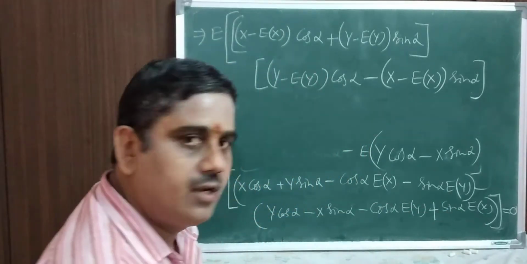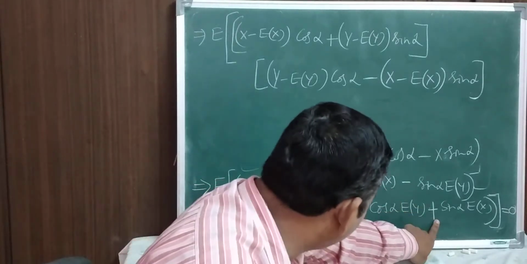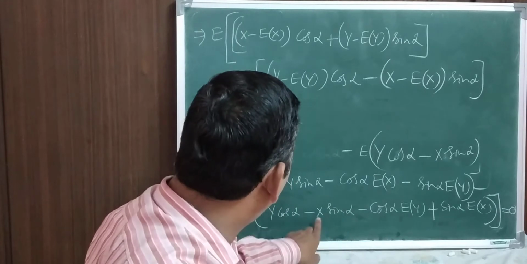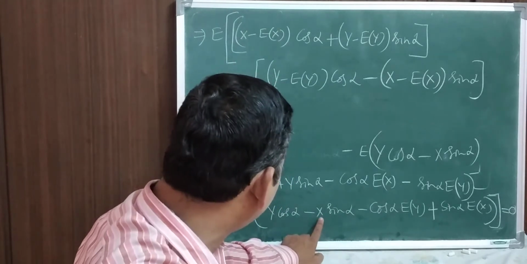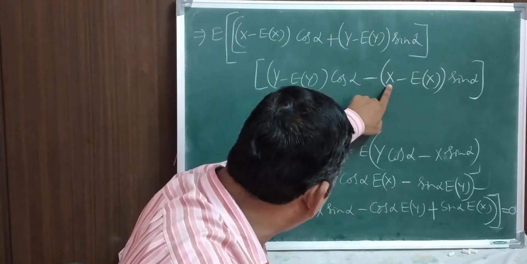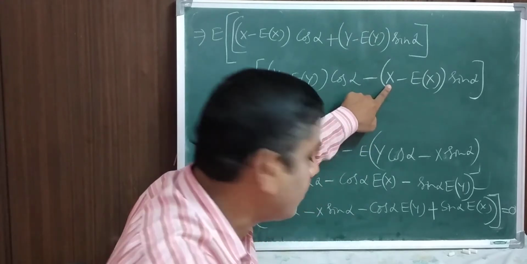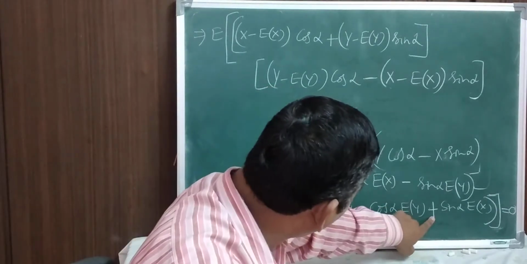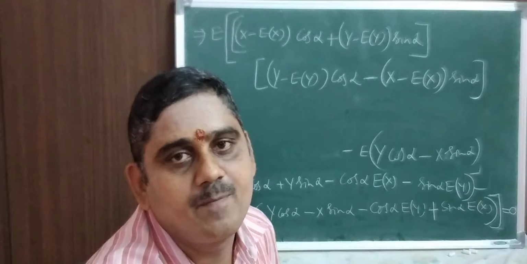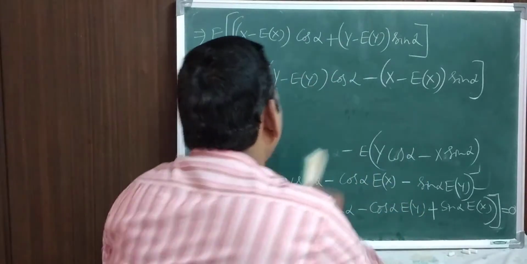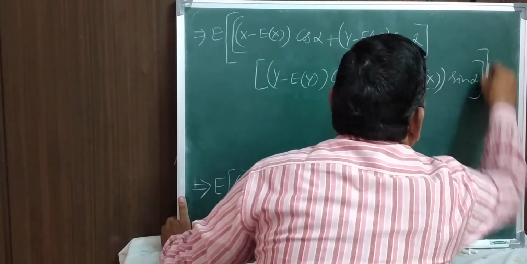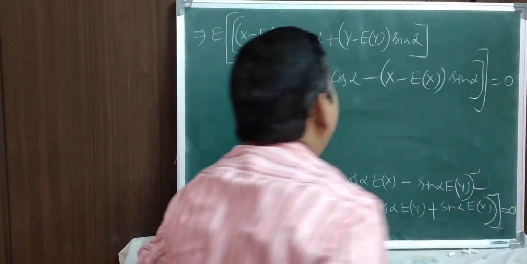So this is the minus term, this is the plus term. If you take common, minus x sin alpha, I am taking minus common, then this will be x, and minus of minus is plus, so sin alpha into expectation of x. So now this term is equal to 0.